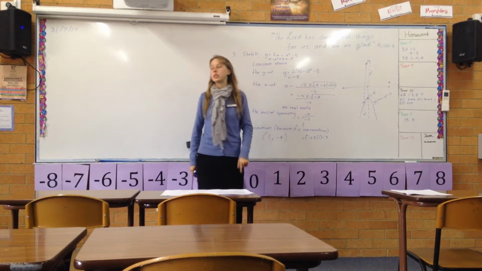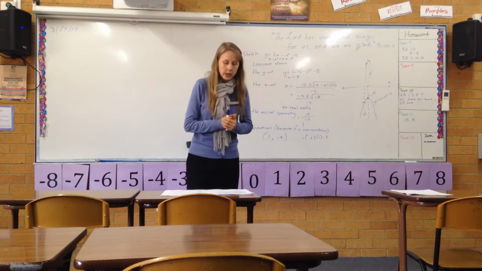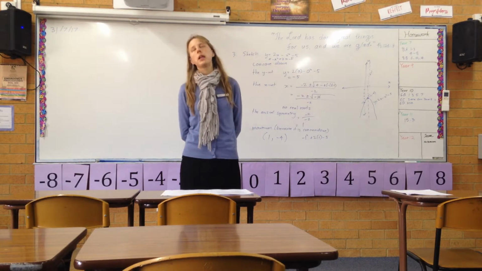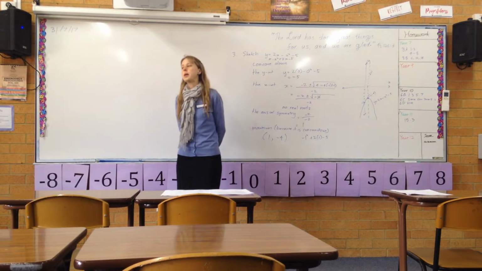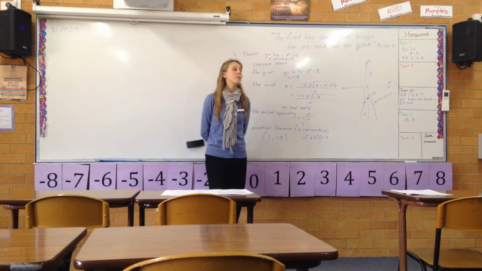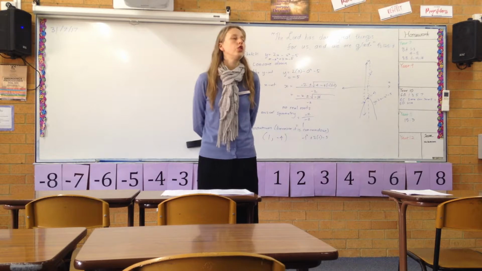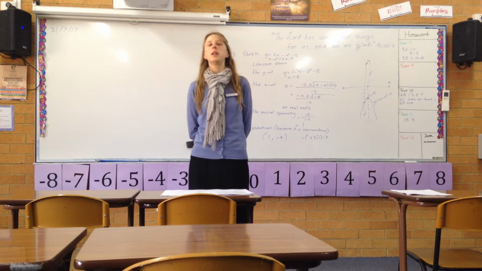So, first of all, let's just think about the word discriminate. Can you maybe put it into your dictionary on your computer? Or just use your knowledge of the word. What does discriminate mean?